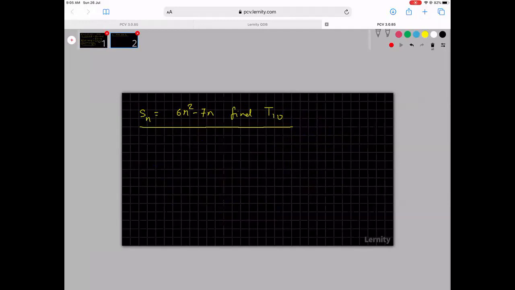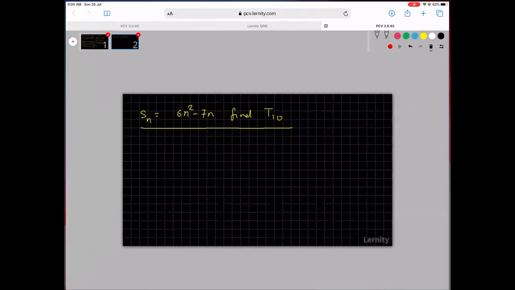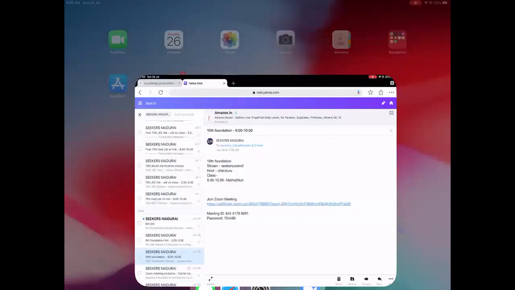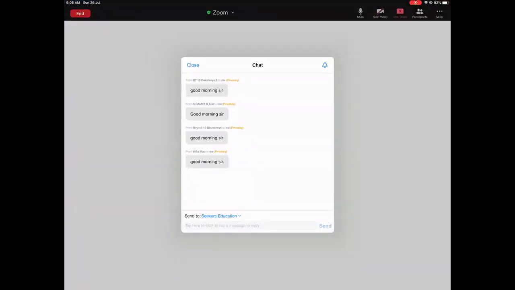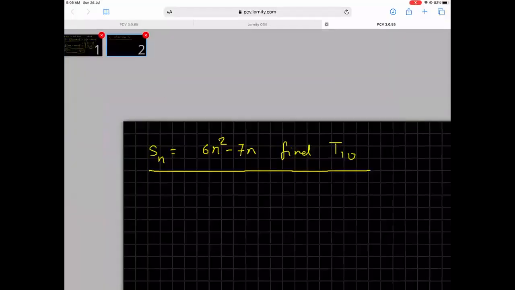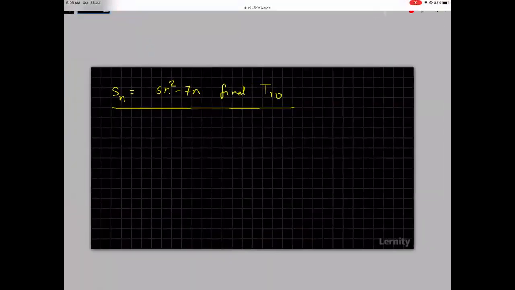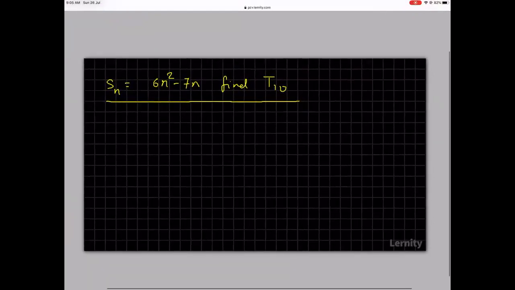Can you quickly work on that? I'll be back in a minute. So Sn is equal to 6n squared minus 7n. Find the value of T10.